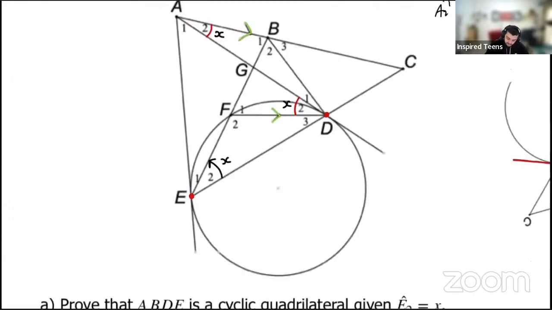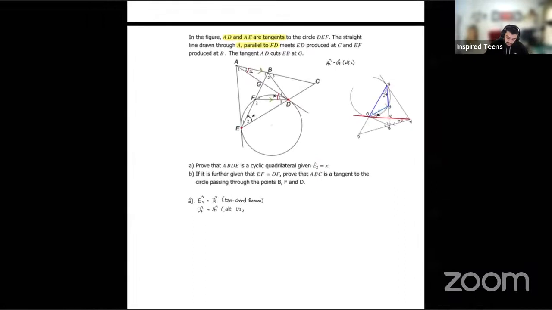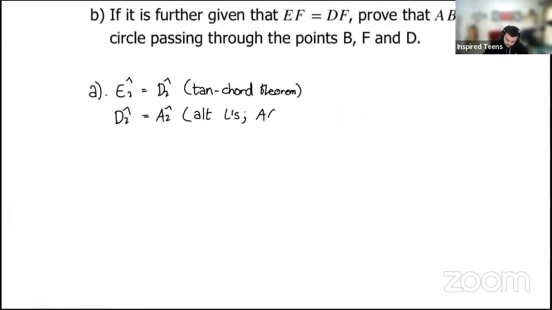Then we can say angle D2 is equal to angle A2, alternate angles. And remember, you have to mention the lines which are parallel: AC is parallel to FD. Therefore angle E2 is equal to angle A2.